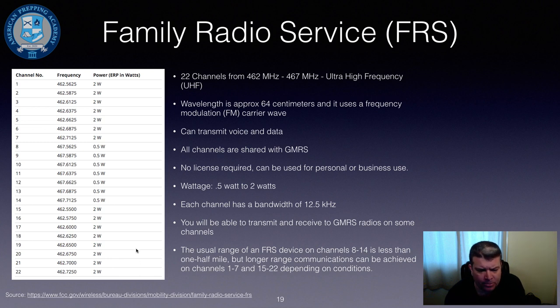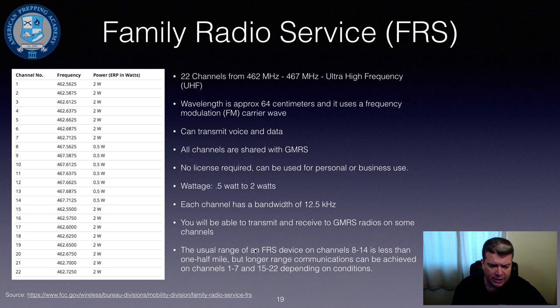Now, each channel has an authorized bandwidth of 12.5 kilohertz, and you will be able to transmit and receive to GMRS radio on some of the GMRS radio stations. So all of the FRS stations can communicate with GMRS radios, but there are some additional channels on the GMRS radios, and we'll talk about that here in a second.